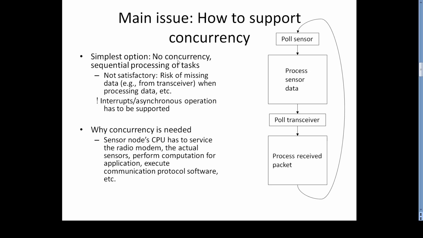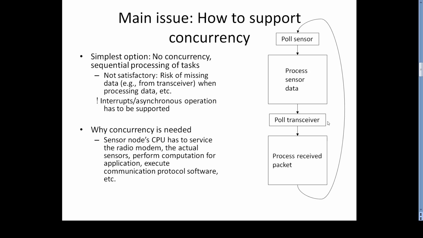That is the simplest option, where we are not going to use concurrency, just sequential processing of tasks. But it is not satisfactory, because whenever it is polling the sensor or processing the sensor data, some packet may arrive at the transceiver.